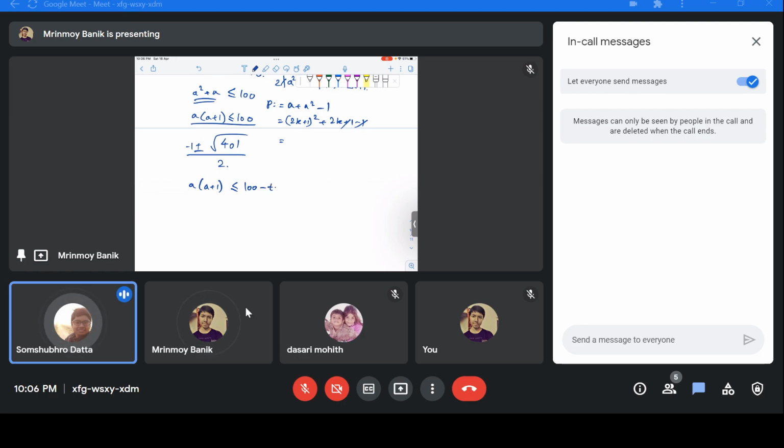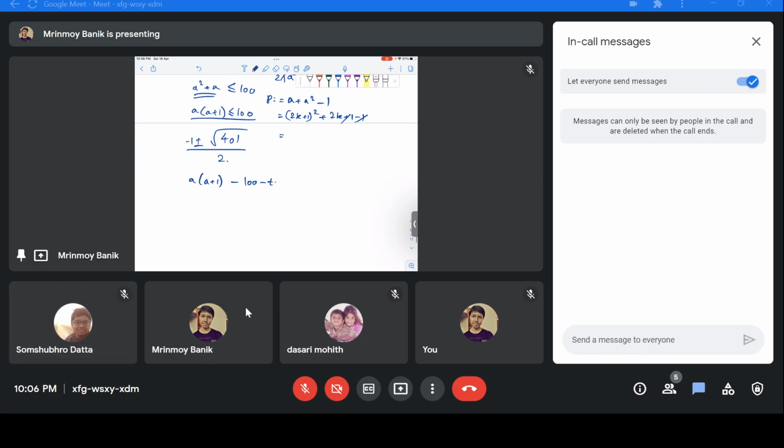On the left-hand side, it's like t, so minus 10 is equal to 100 minus t. So we have a squared plus a minus 100 minus t. It's plus, no, sorry, 100 minus t, right? We can just make it plus t minus 100.